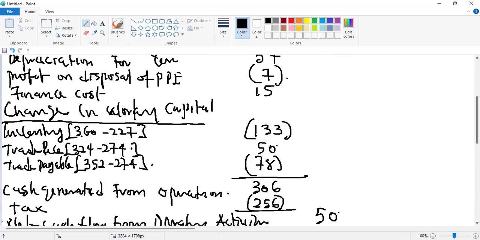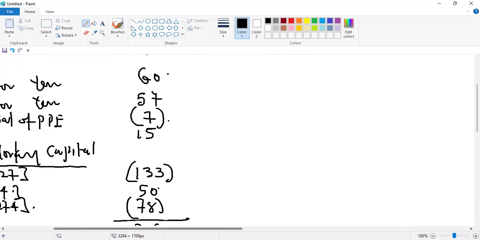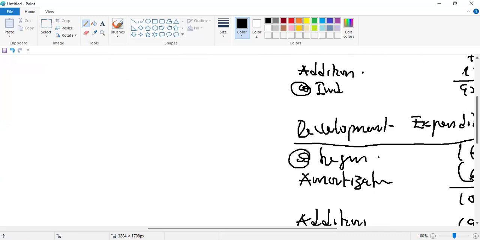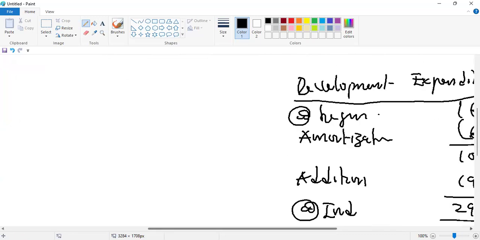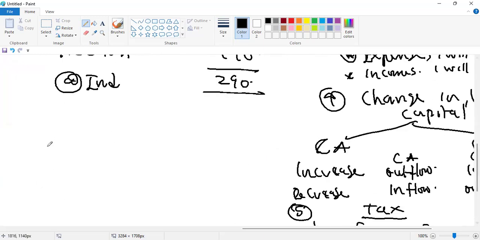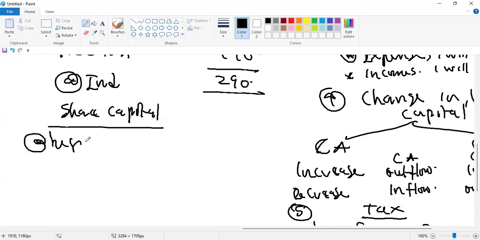But there's one error there. They say they capitalize retained earnings, which is wrong. What is the share capital at the beginning?